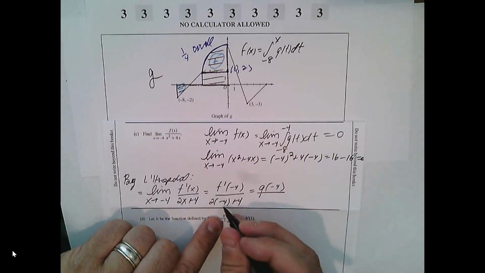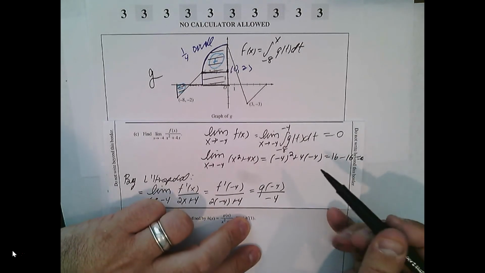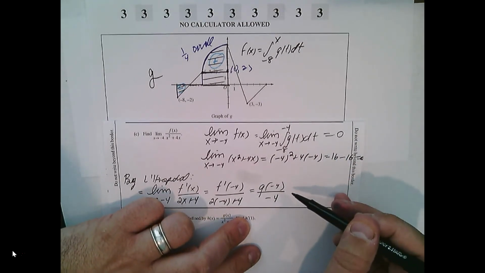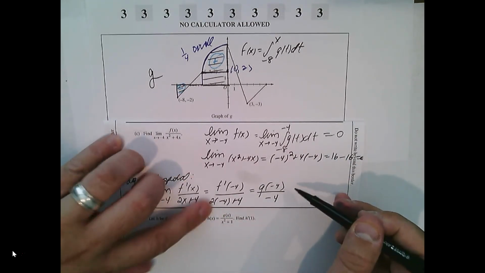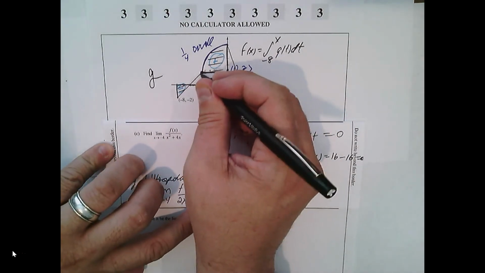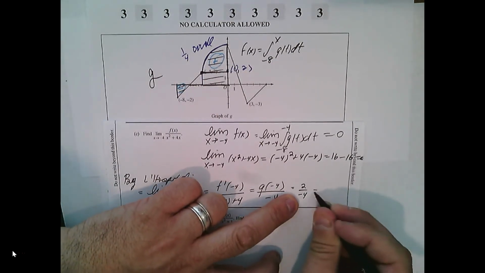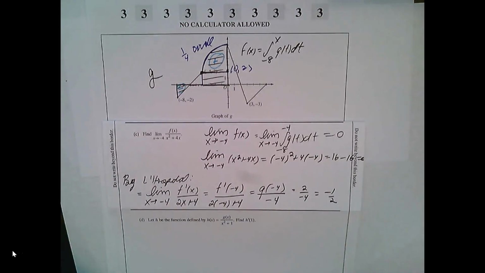In the denominator, 2 times negative 4 is negative 8, plus 4 is negative 4. Finally, what is g of negative 4? I'm going to look at the graph. I'm going to find x equals negative 4. I'm going to find that y value, that's 2. We get 2 over negative 4, which is negative 1/2.